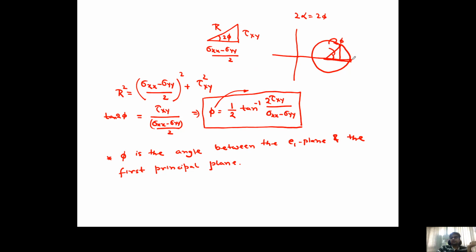This point, and this is your first principal plane, EP1, let us say. So phi is the angle between the E1 plane and the first principal plane. And the second principal plane is basically phi plus 90 degrees. If you see here, this is E1, this is E2, and this angle is 180 degrees in the Mohr circle. In reality, it is 90 degrees. So it is phi plus 90 degrees. That is what the angle is.